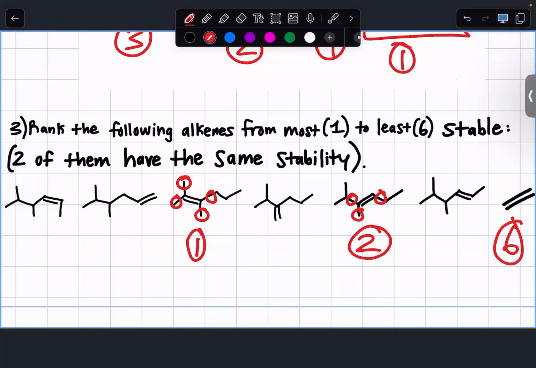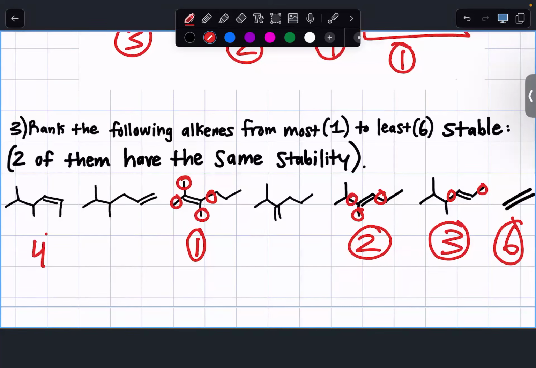And what did you guys get for the third one? Sixth one. Yeah. This is di-substituted and it is trans. We have two more di-substituted things. And this next one here, there is two of them. Like number 4, there's two fourth ones, two fourth most stable ones.